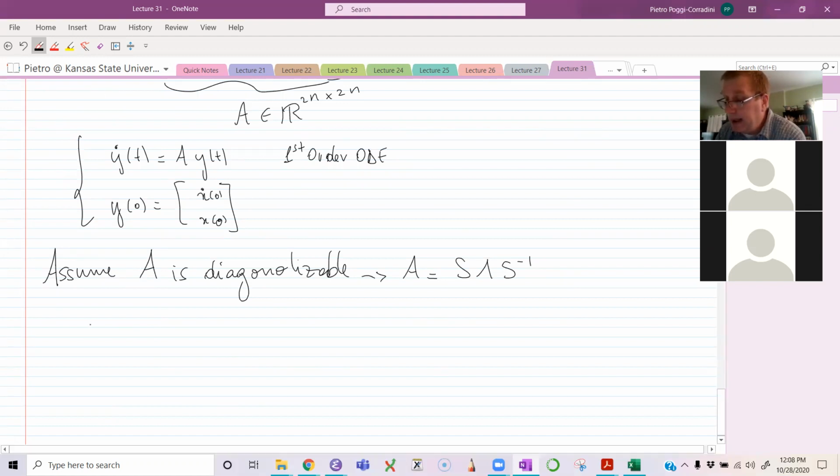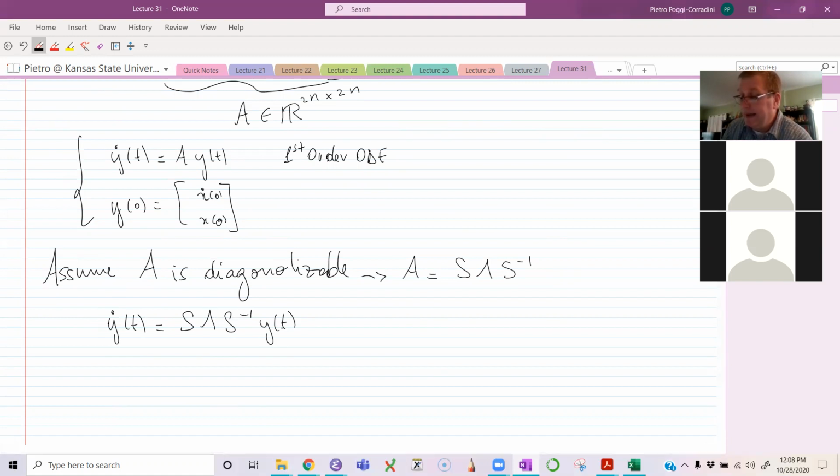And then y dot is going to be S Lambda S inverse y. And we can multiply by S inverse on both sides.